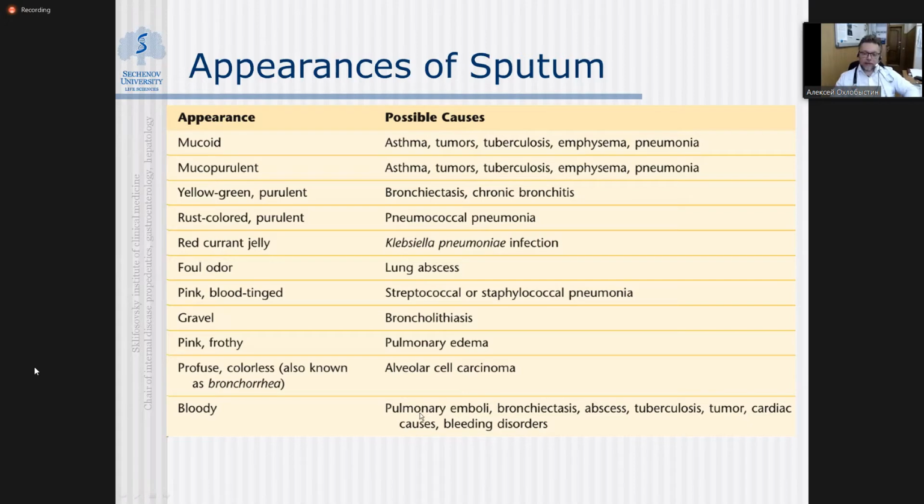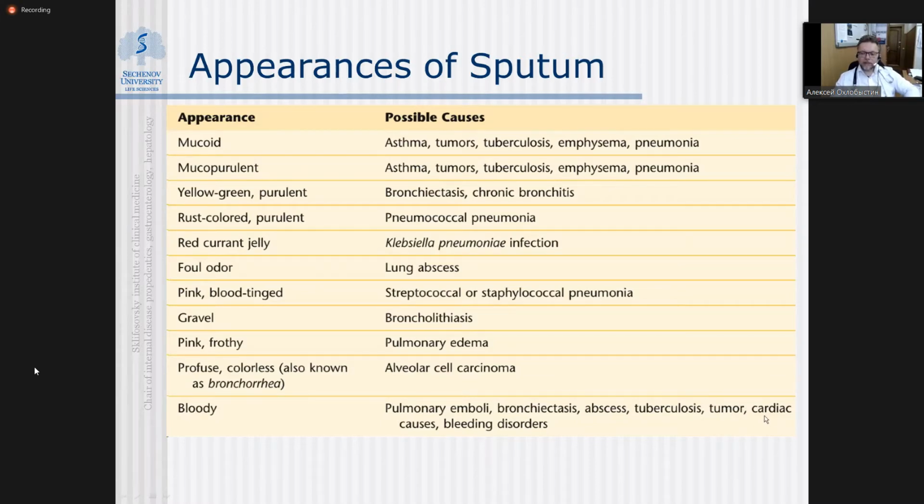Fortunately, that's a rare event. Typically, it will be destruction of a quite large blood vessel in patients with necrotic diseases, with cavitations like bronchiectasis, lung abscess, cavitating forms of tuberculosis. It's quite typical for the late stage of pulmonary tumors, both primary, more likely, and less likely secondary.